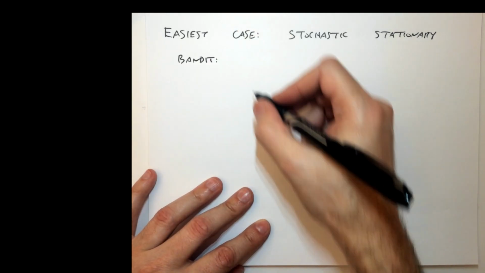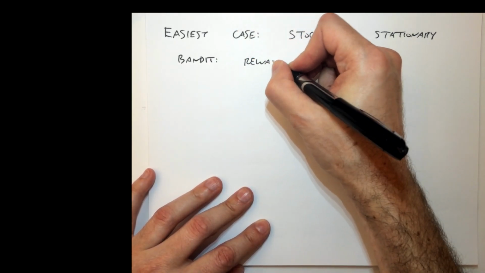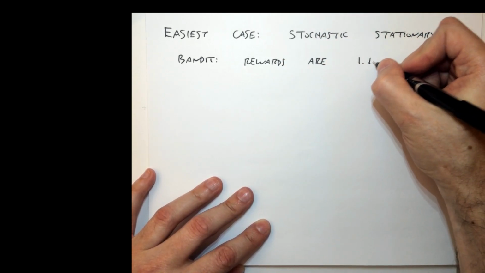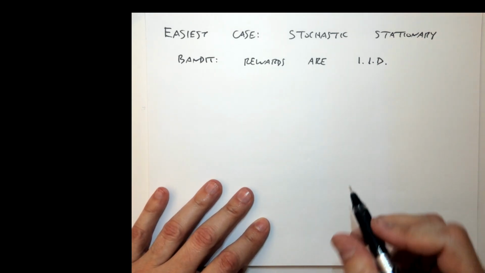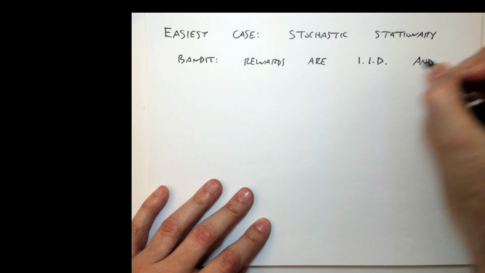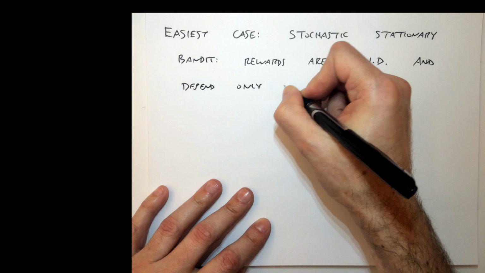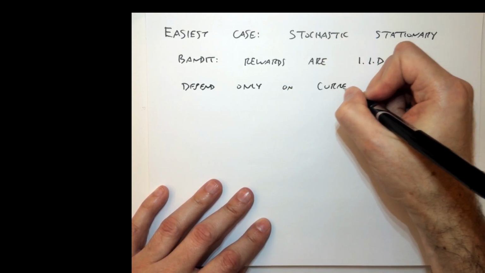And what that means is that the rewards when I pull the arm are IID, which we know what that means already. And they also depend only on the current action.